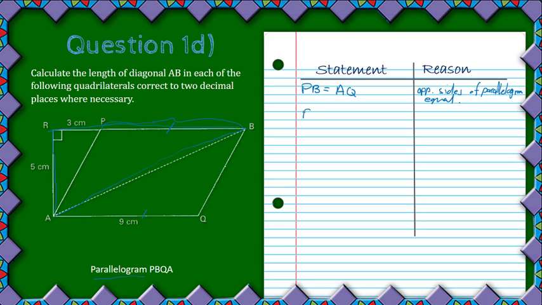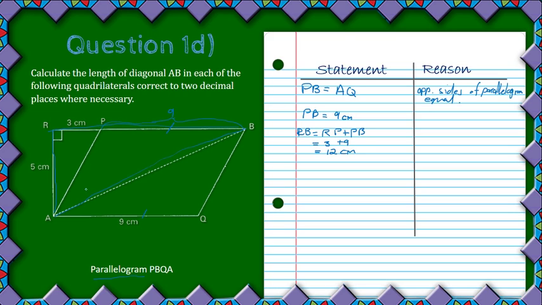Therefore PB is equal to 9 centimeters. Then if this is 9, RB is equal to RP plus PB, and that is equal to 3 plus 9, which is equal to 12 centimeters.